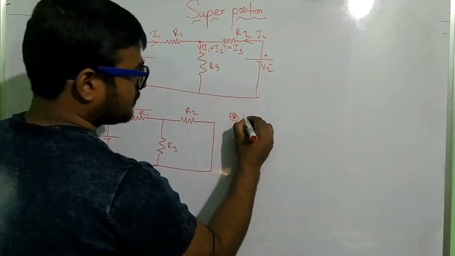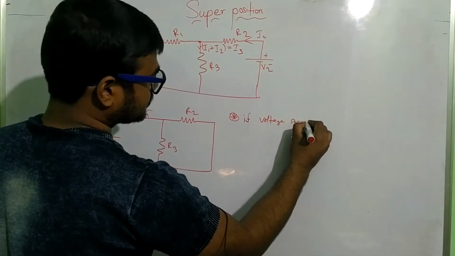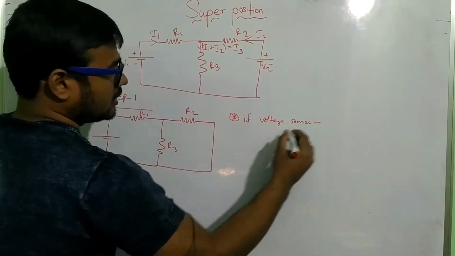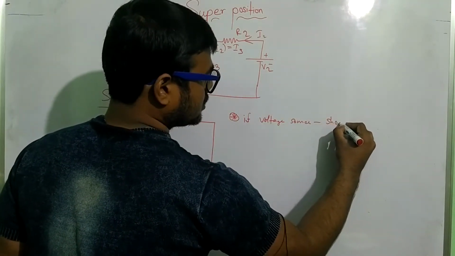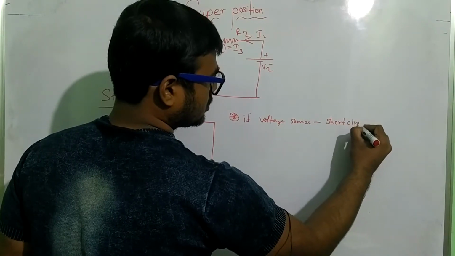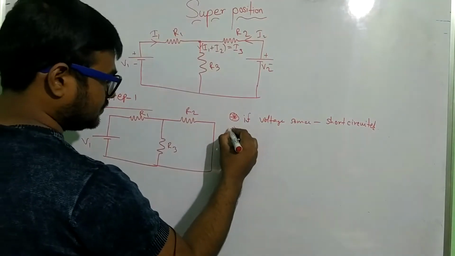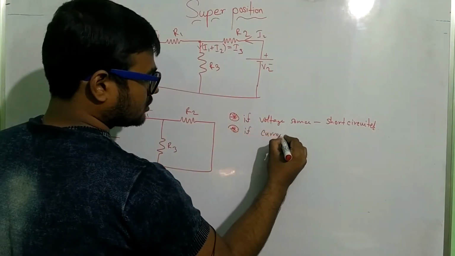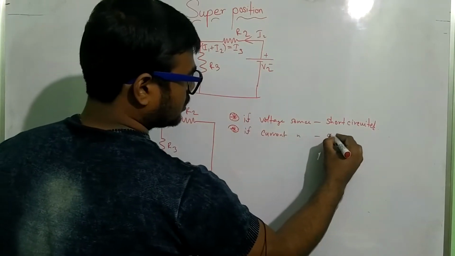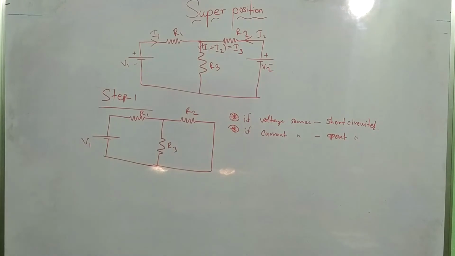So if it is a voltage source, then it is short circuited. If it is a current source, then it is open circuited.